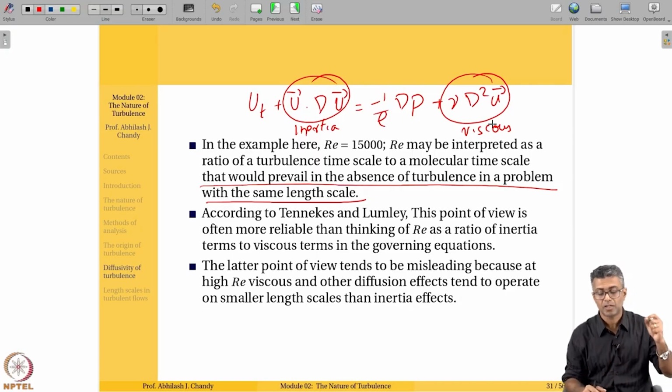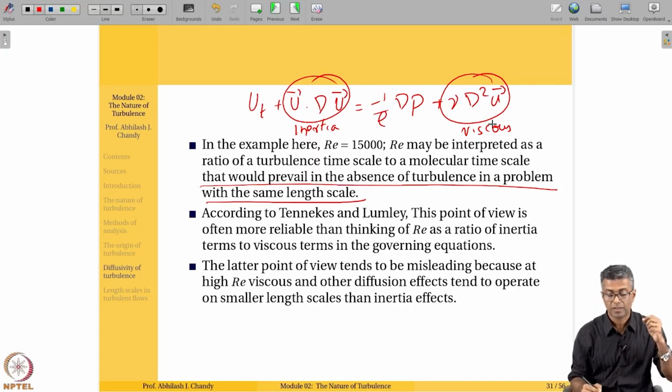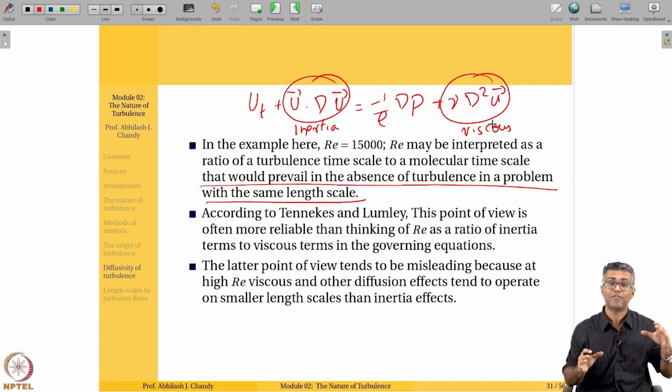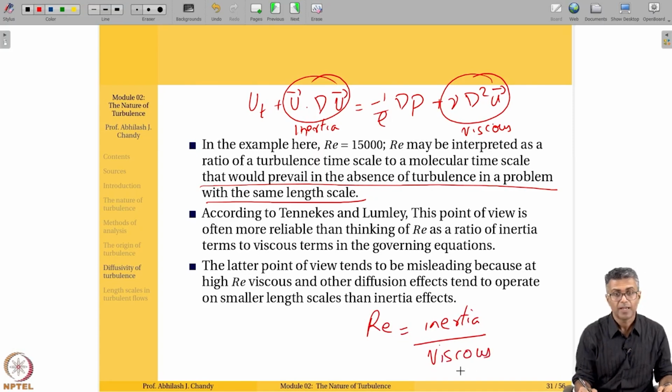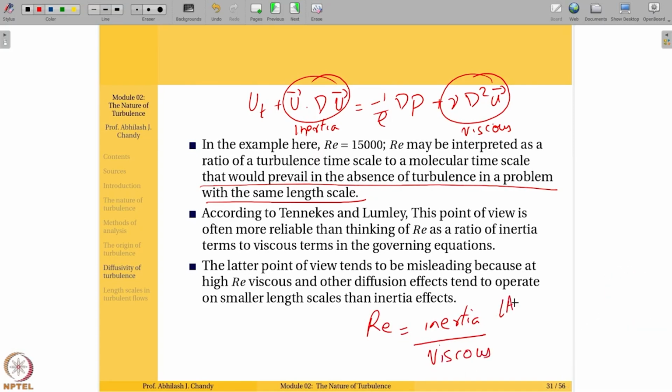So when we consider the Reynolds number to be the ratio of inertia over viscous, both are dominant at different ranges of length scales. So the Reynolds number being inertia over viscous, these are at large scales, or I would say intermediate scales as well, and these are definitely at small scales.